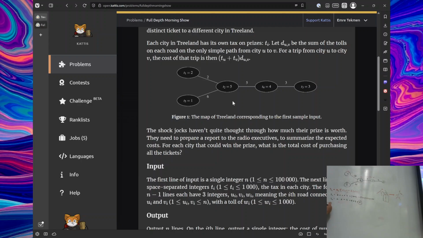So S of V, let's write it as a recurrence relation now. S of V is equal to S of U, right? Plus all of the weights that, let's do it like minus all the weights that we lost going into V.